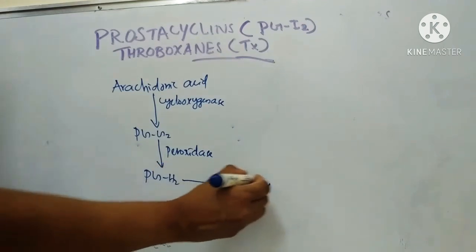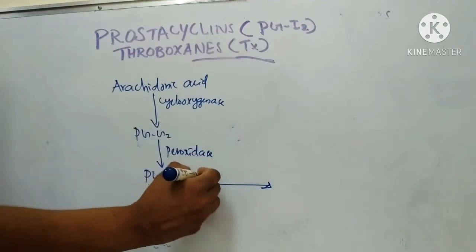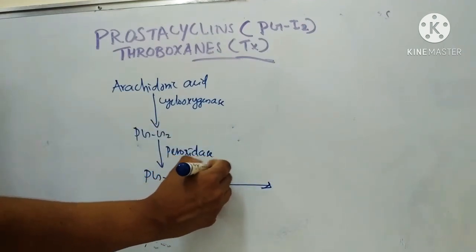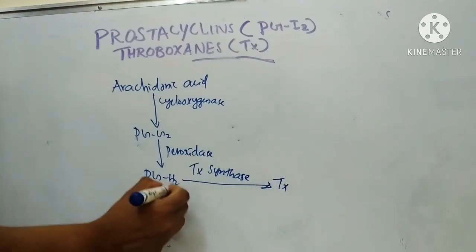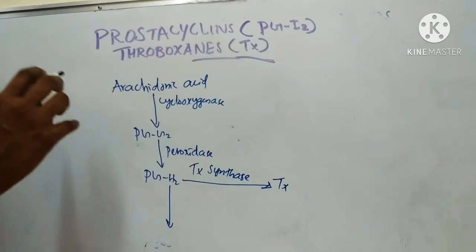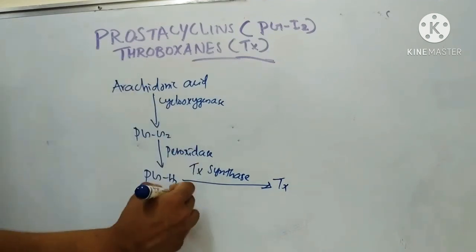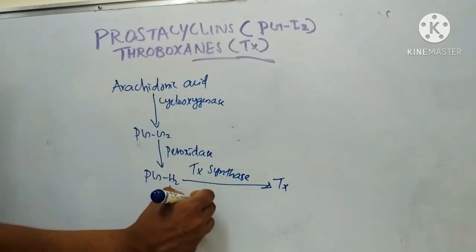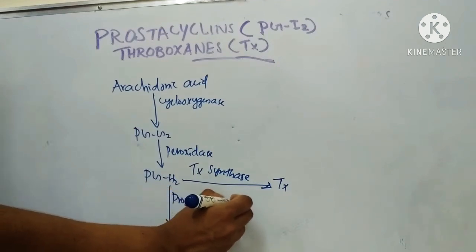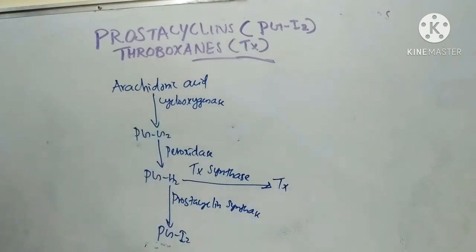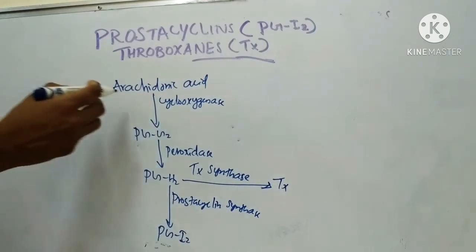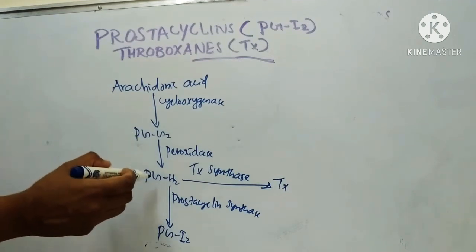Then by the action of the enzyme thromboxane synthase, thromboxanes are formed. By the action of prostacyclin synthase, prostacyclins are formed. This is the synthesis of prostacyclins and thromboxanes from arachidonic acid, PGG2, then PGH2.